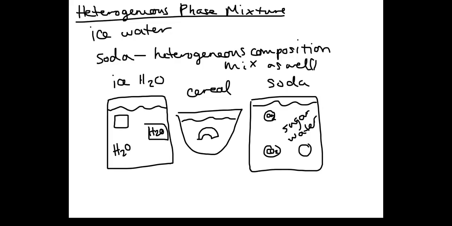That's a heterogeneous composition mixture because olive oil is made up of different molecules than vinegar, okay? And then you can have something that is both a heterogeneous phase mixture and a heterogeneous composition mixture because sometimes you have the phase, for example, the gas in soda, which is CO2, which is a different chemical makeup than the liquid part.